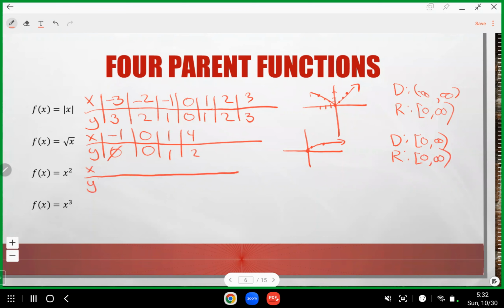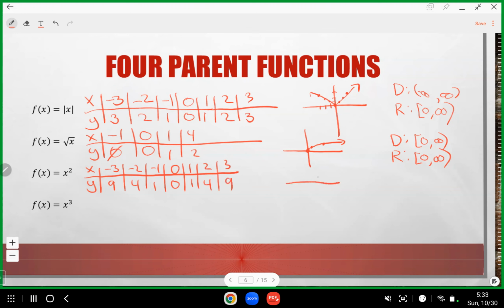Okay, so if x is equal to -3, what is y? y is going to be 9. What about -2? -2 is going to be 4. -1? 1. 0? 0. 1? 1. 2? 4. 3? 9.